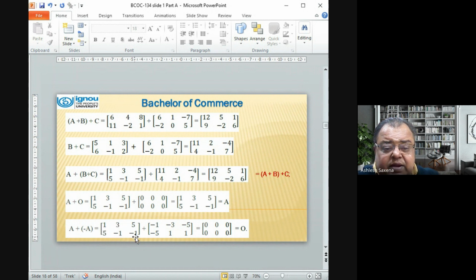When you add these two, you will get 0. 1 minus 1 is 0, 3 minus 3 is 0, 5 minus 5 is 0, 5 minus 5 is 0, minus 1 plus 1 is 0, and minus 1 plus 1 is 0. That means all the 6 elements will be 0, which is equal to 0.